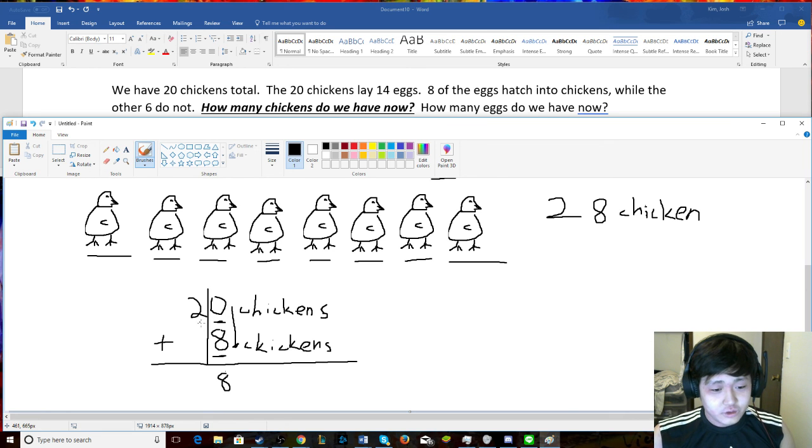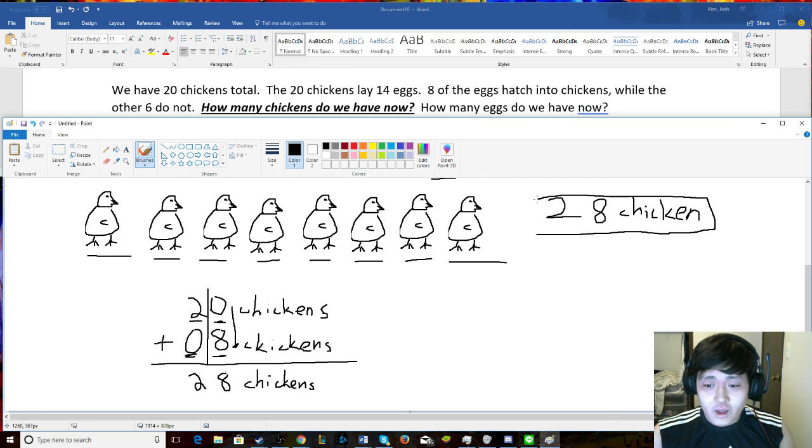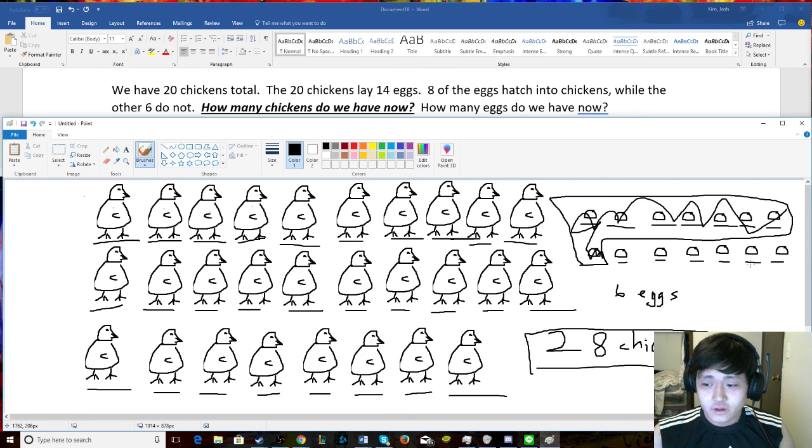Then we do this 2, and whenever there's no number listed in this area to the left, it's always going to be a 0. Alright, but we don't have to draw that 0. But for the sake of it, we can understand that 2 plus 0 is 2. So our total is that we have 28 chickens, which is the same number that we got from drawing it out.